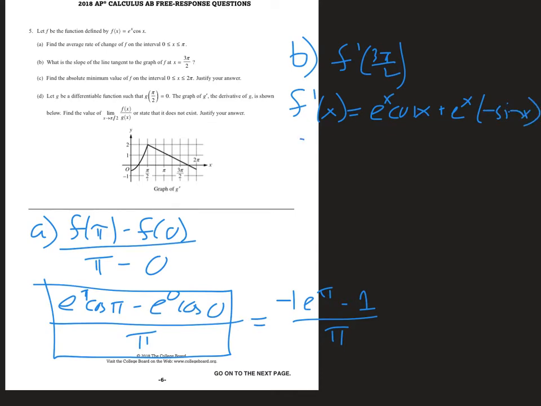And now I just need to plug in 3 pi over 2. And just like in part A, yes, I should know my unit circle. I should be able to simplify this, but for this particular part, I don't need to. I'm just going to leave it as e to the 3 pi over 2 times cosine of 3 pi over 2 plus e to the 3 pi over 2 times negative sine of 3 pi over 2.